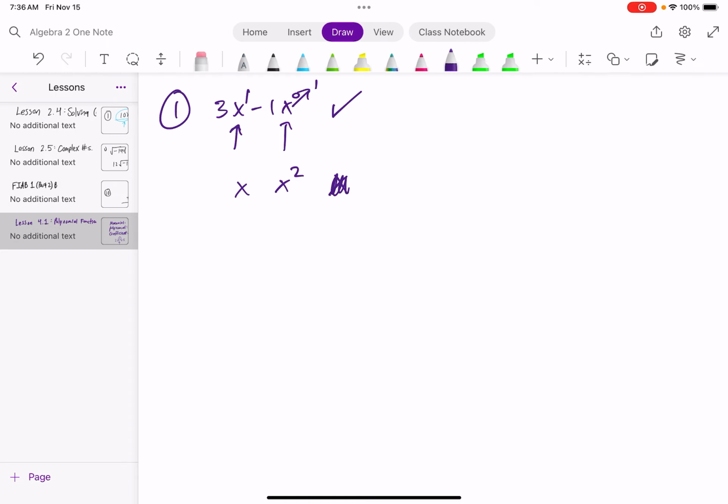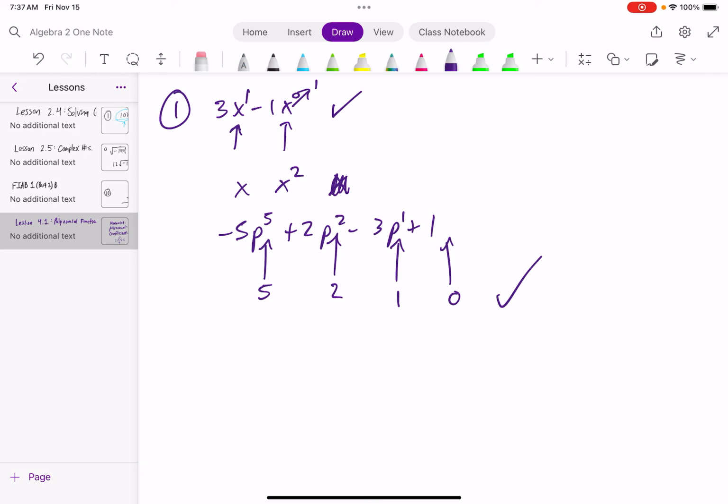But if you have something like the next one, -5p to the fifth, you can clearly see it goes from the fifth power to the second to the first power to the 0th power. And so yeah, 5, 2, 1, 0, this is in standard form. Very good.